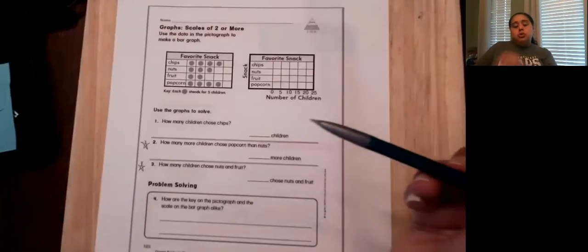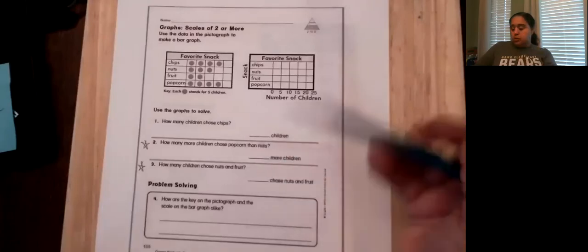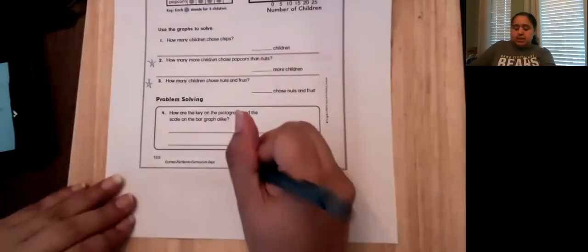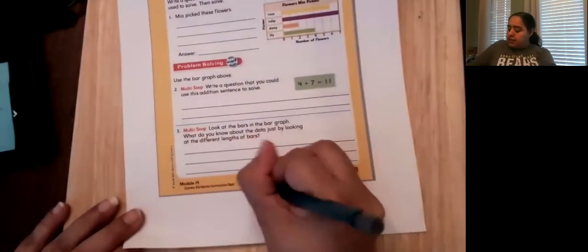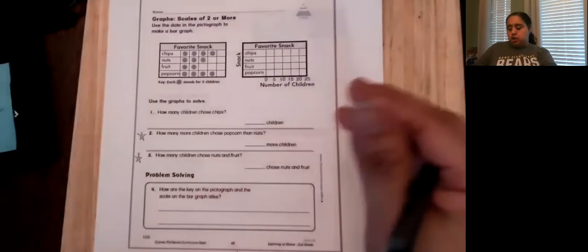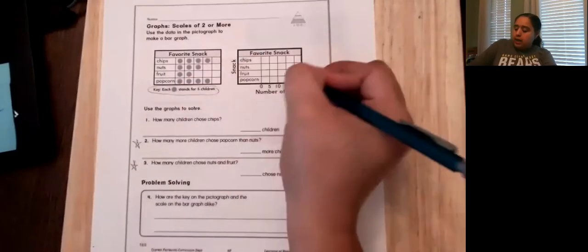Now, something to think about as you're doing your work this week, remember this is page 60. You are going to be taking a picture of page 57 and of page 60 and sending it to me, okay? Something to notice about here. Please be careful with your key and your scale this week on this one.